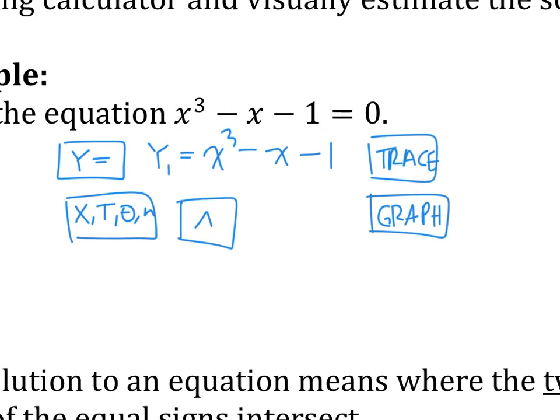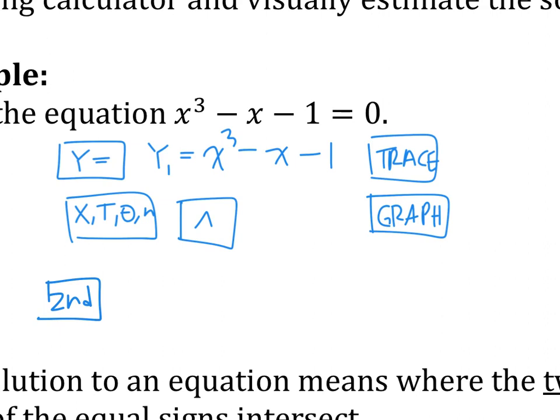This is a little tricky. You're going to press the second button. Second button should be the top left, right underneath y equals. So that is either blue or yellow, depending on your calculator. When you press that button, it accesses all of the words that are in blue.